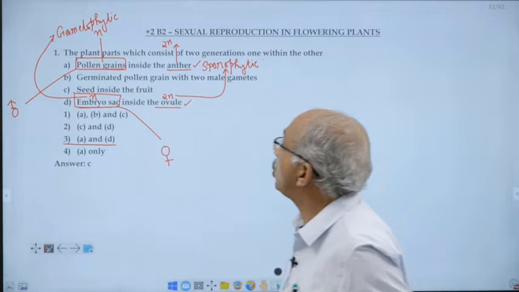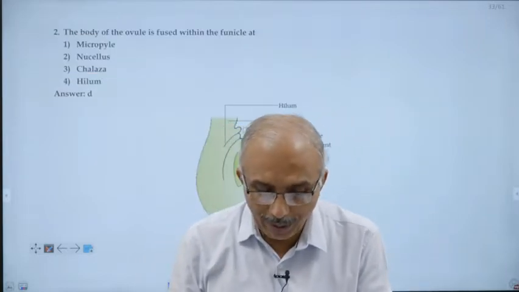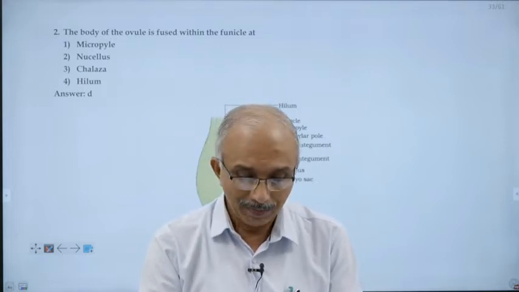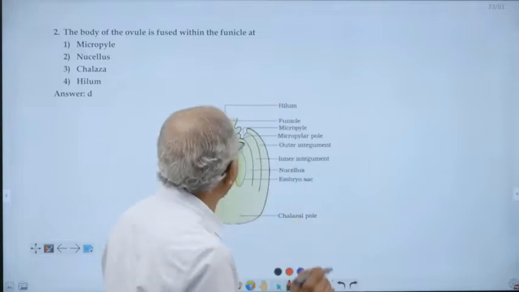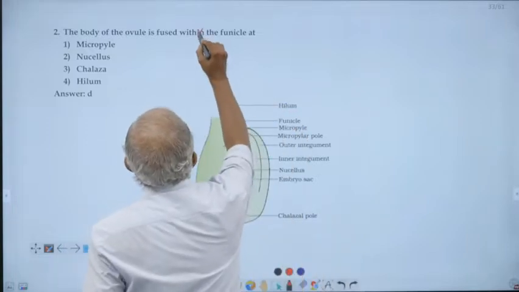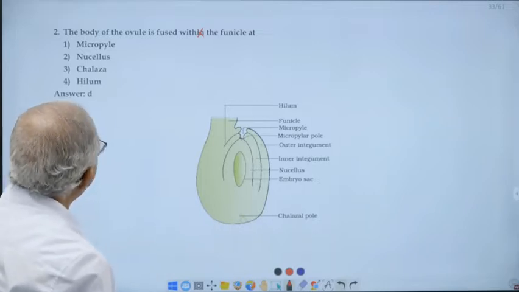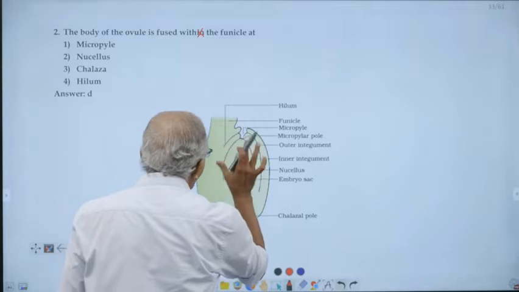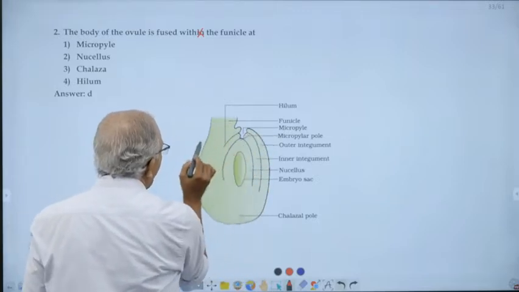Question number 2. The body of the ovule is fused with the funicle at a point. This is the body of the ovule.